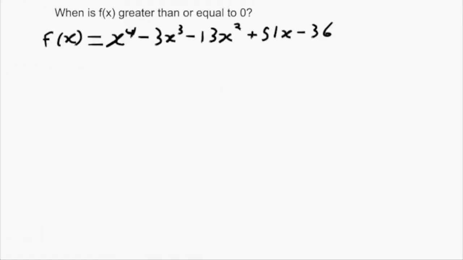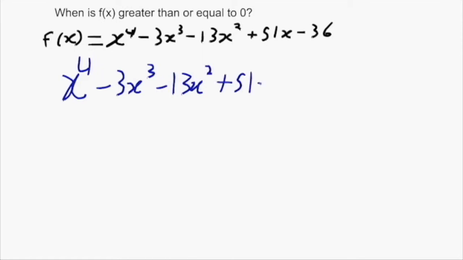Let's say we're given this equation, and we have to find when f of x is greater than or equal to 0. So our inequality is going to look like this. x to the power 4 minus 3x cubed minus 13x squared plus 51x minus 36 is greater than or equal to 0.